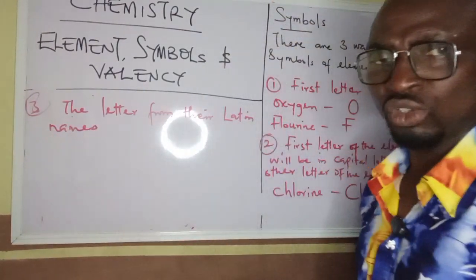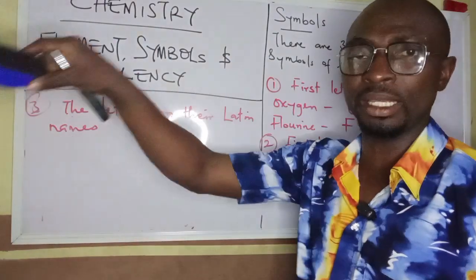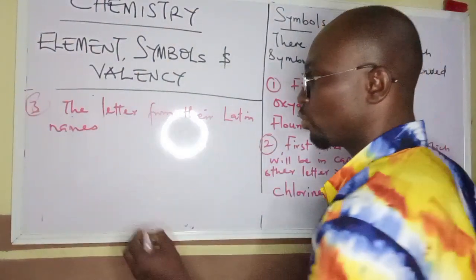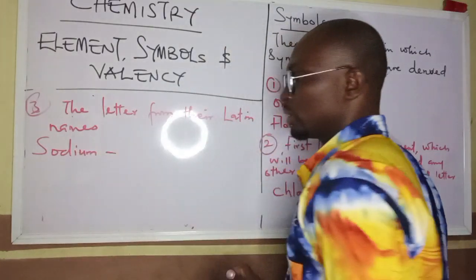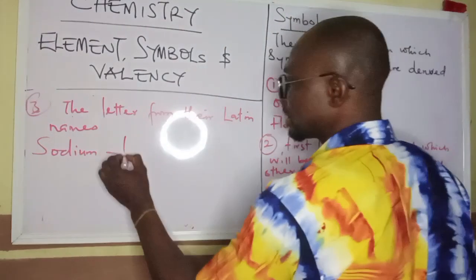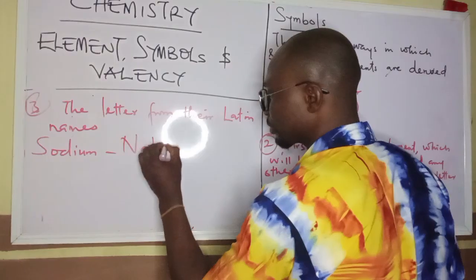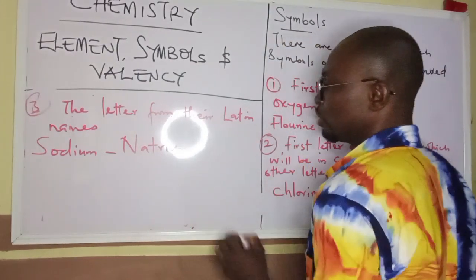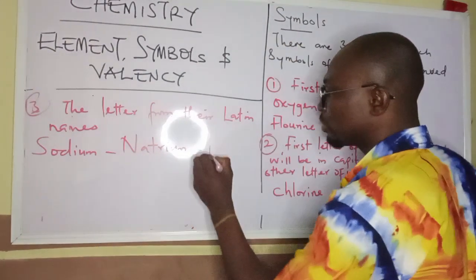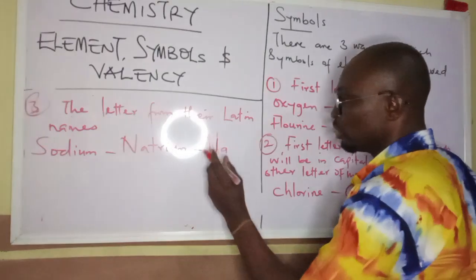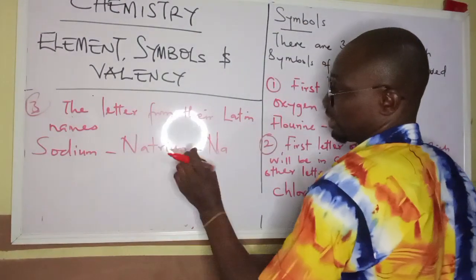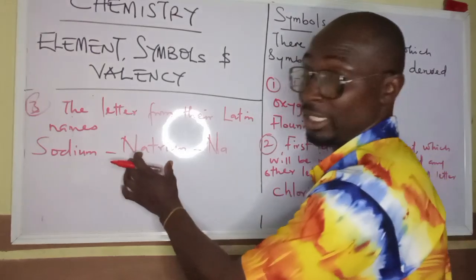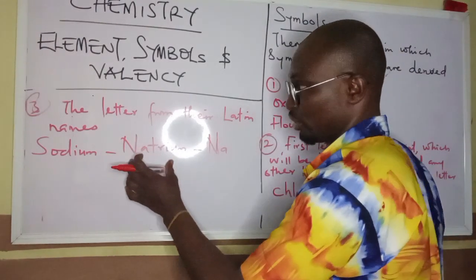Which means that some of these elements have their names in Latin. For example, we have sodium. The Latin name for sodium is natrium. So the symbol for sodium becomes Na, from its Latin name, natrium.